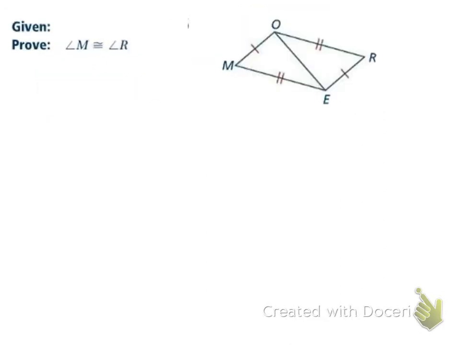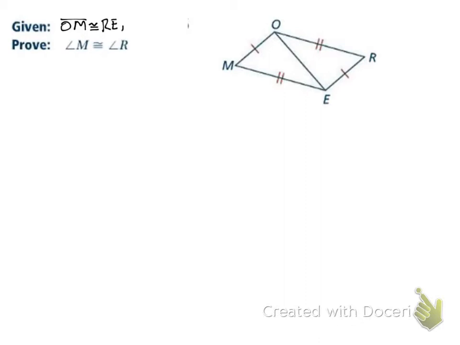Okay, here's your next one. What are your givens? Tell me what the givens are, and I'll let you work on trying to create your own. Write it out on your own. What are my givens? OM is congruent to what? Okay.